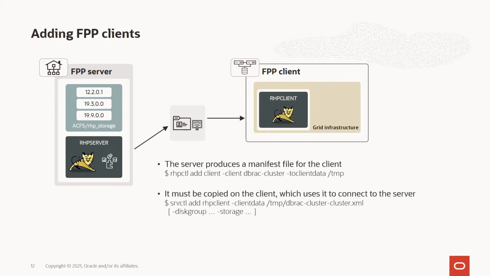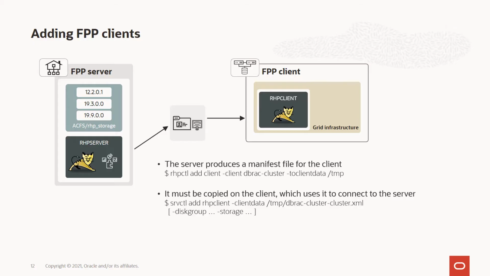Then we can copy this manifest file to the client and use SRVCTL add RHP client. So we configure the RHP client on the target server, and we pass this manifest file, and we can also specify an ASM disk group where the RHP client will create the ACFS file system to host the working copies, if you want to have ACFS home provisioning, but this is not mandatory.